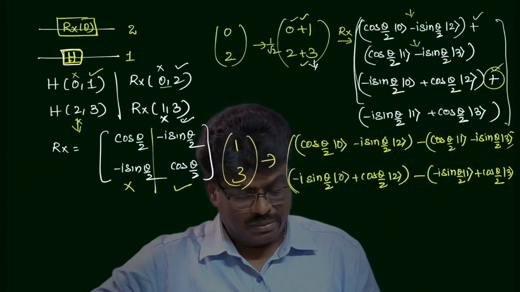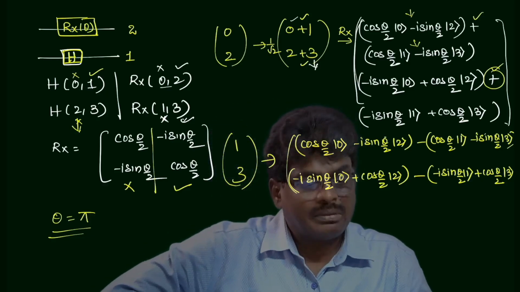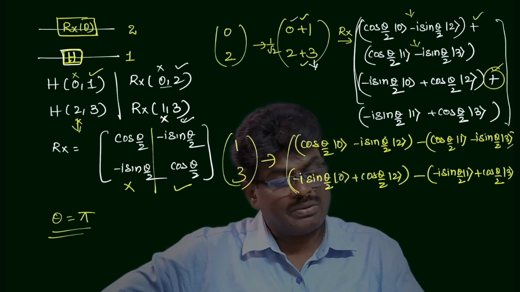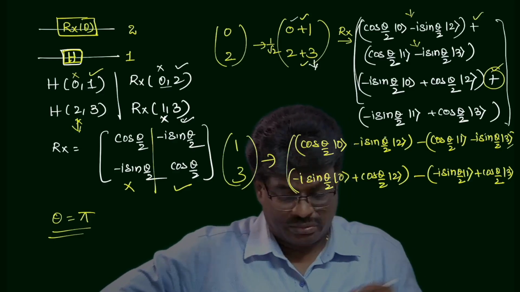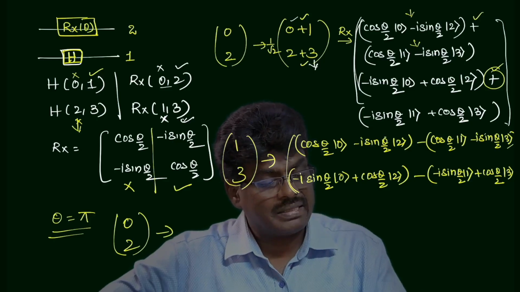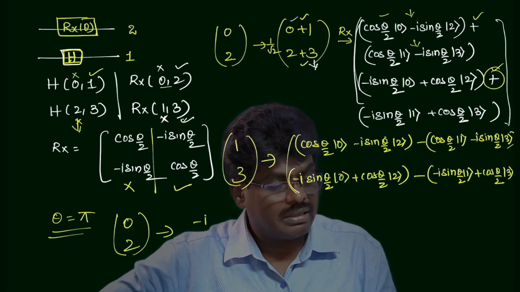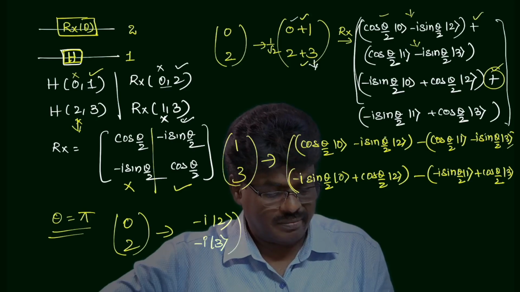Now theta is equal to pi, then cos pi by 2 is 0. So for the 0 state we have minus i 2, that means 0 2, let me write properly. The final answer here I am writing: cos 90 is 0, this is minus i 2 and this is minus i 3.